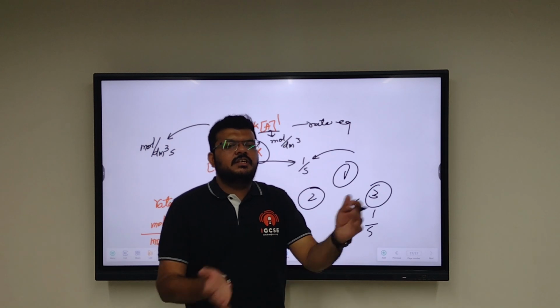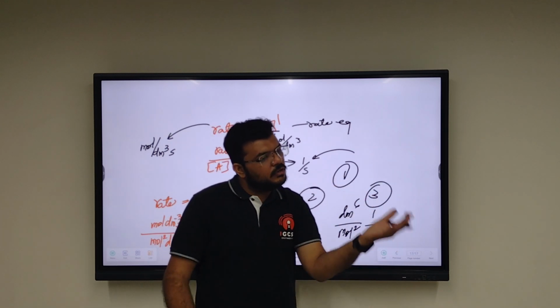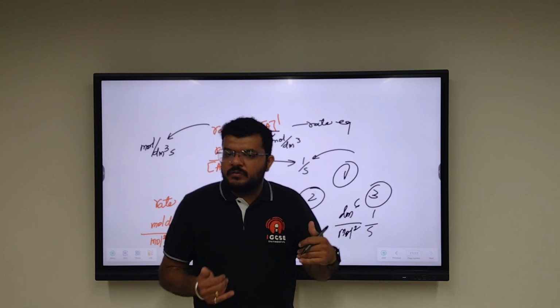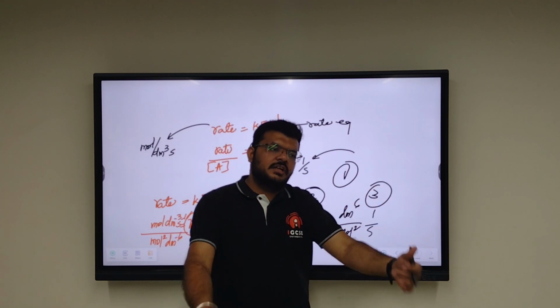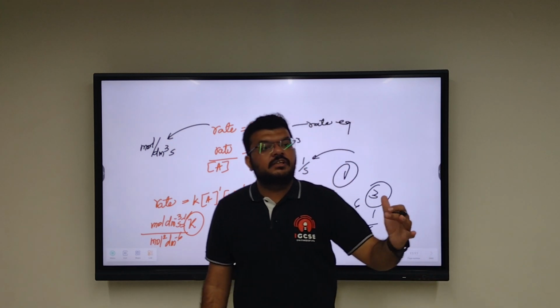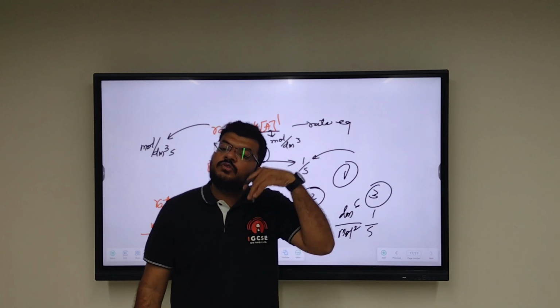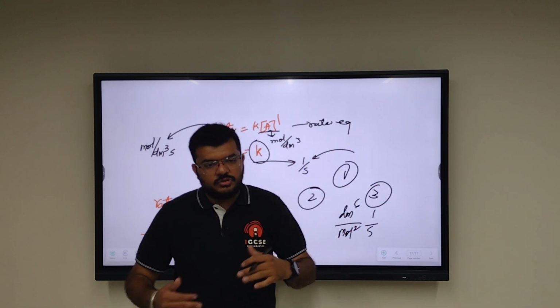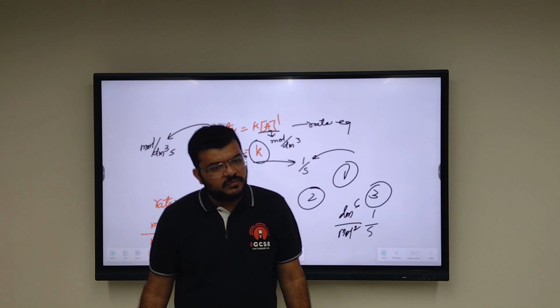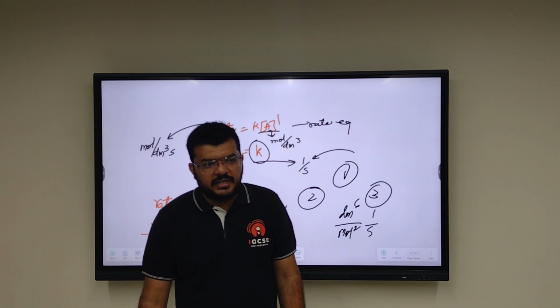If it influences equally, when the concentration doubles the rate of reaction also doubles, then it is first order. If it influences twice, it is second order. It can influence thrice, which can be third order, and so on. The graph will get steeper and steeper.